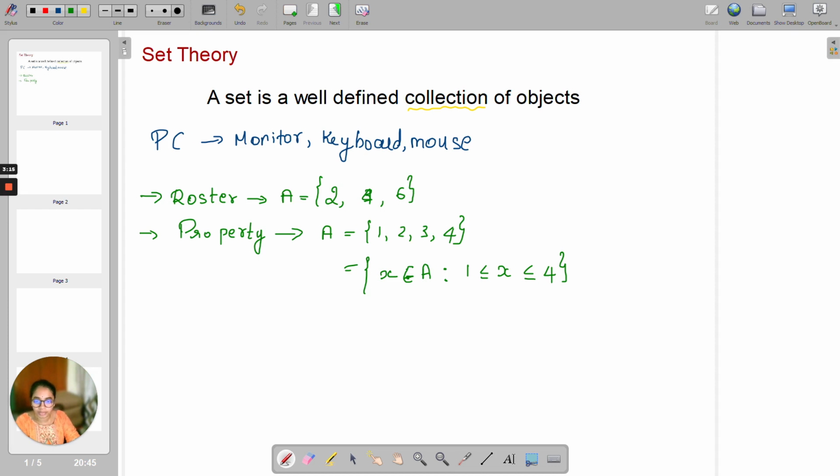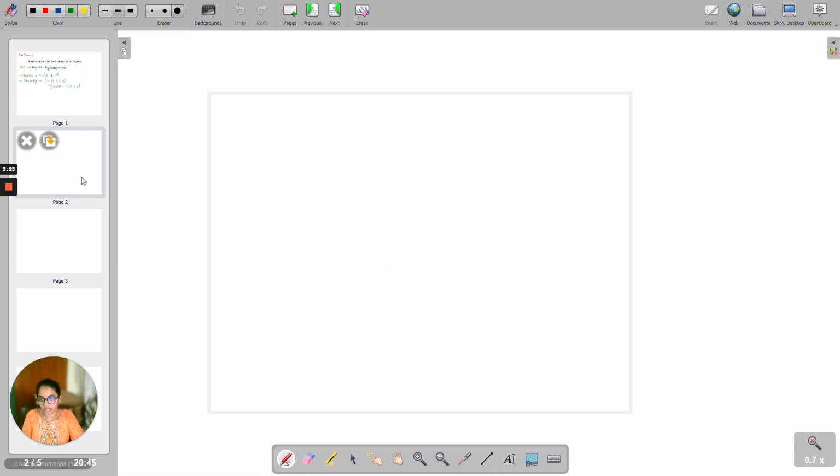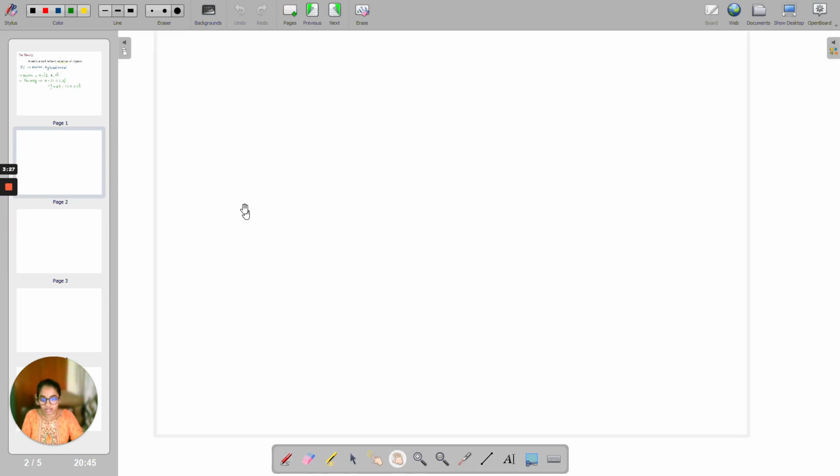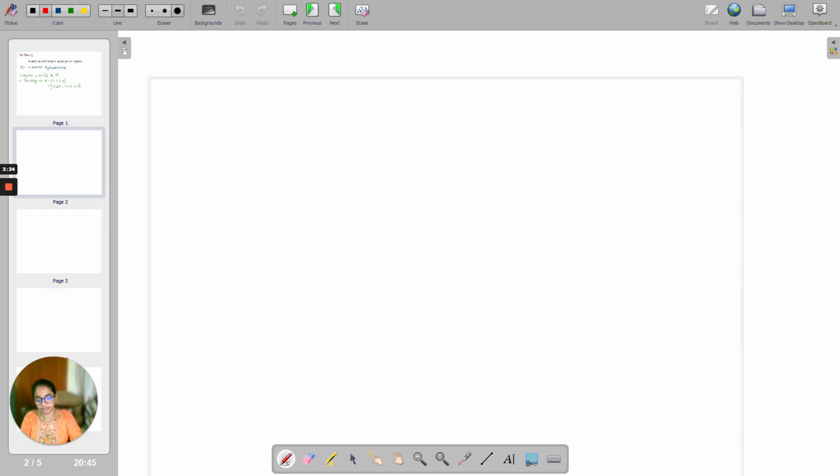Yes? Okay. Moving on, let us study something about different types of sets. So the first one is the finite set. Have you heard the word finite? What do you mean by it?